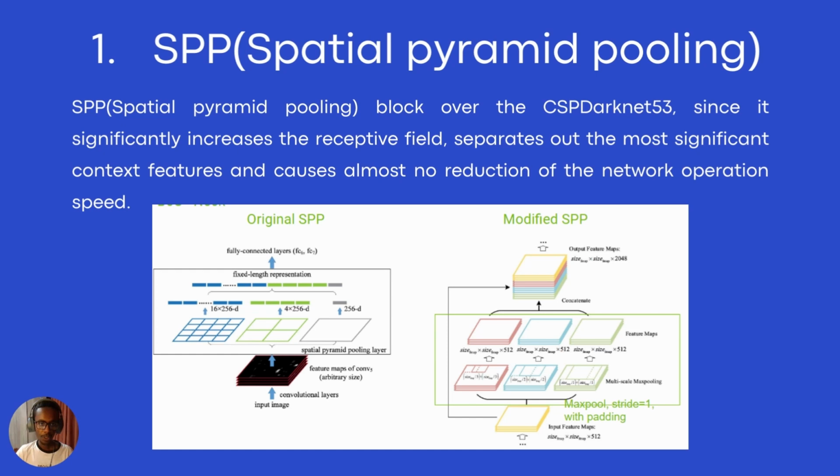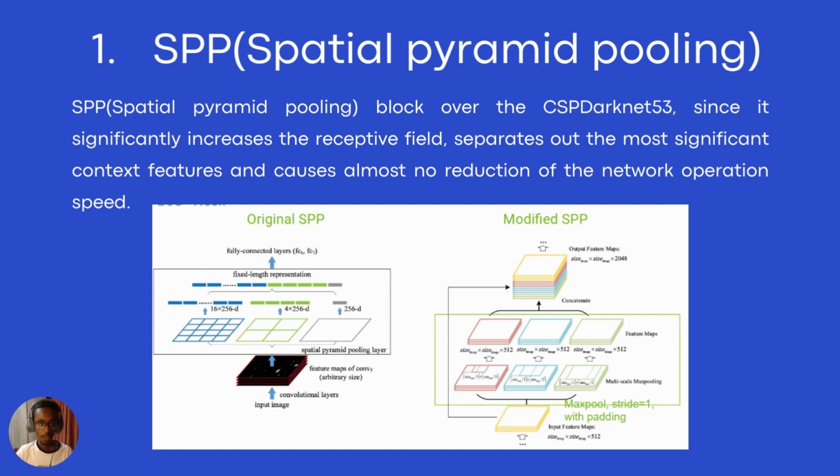And when SPP was originally implemented, they wanted to detect objects from an image. In order to detect those objects, you would use a sliding window approach.